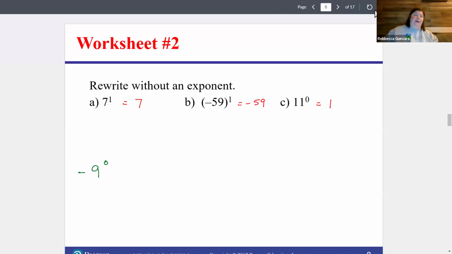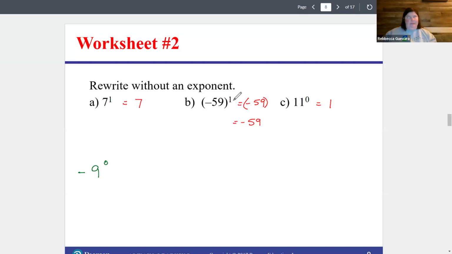Okay. So 7 to the power of 1 means we only have one 7, so we keep 7. Negative 59 to the power of 1, we only have one negative 59, so we write it again. You could have kept the parentheses, but when it's just a singular number, we drop those. We really just keep parentheses when there's an operator.